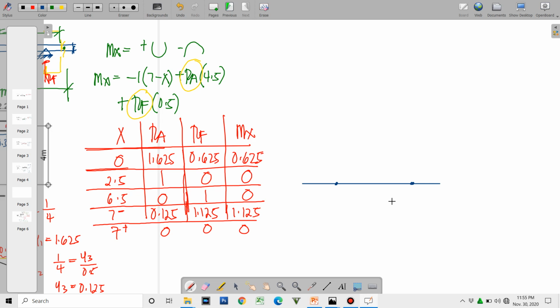Okay. So when x is 0, our moment is 0.625. That is a positive 0.625. And then when x is 2.5, we'll have a value of 0.